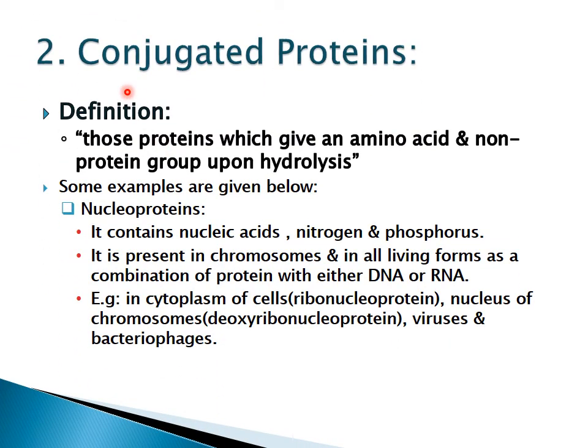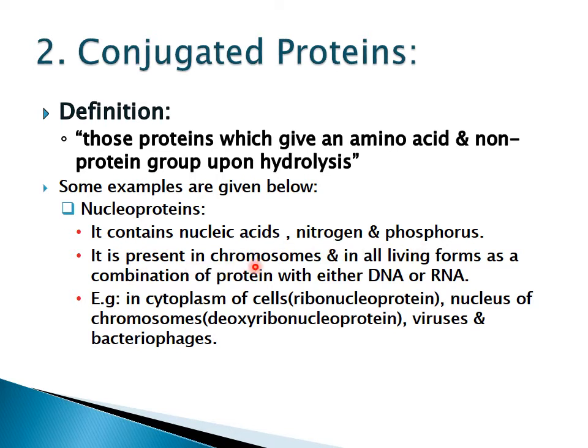Number 2 type of the protein is the conjugated protein. Those proteins which give amino acids and a non-protein group upon hydrolysis are known as conjugated proteins. Number 1 example is nucleoprotein. It contains nucleic acid, nitrogen, and phosphorus.